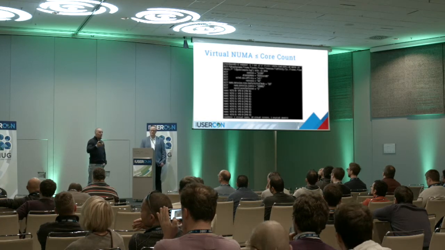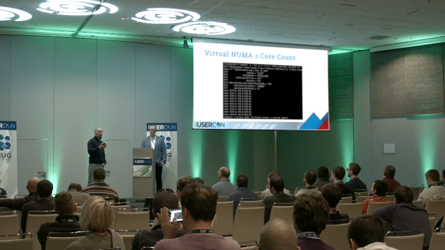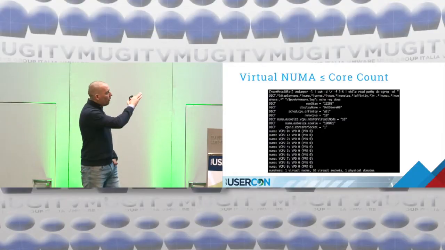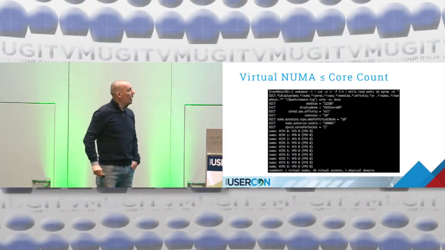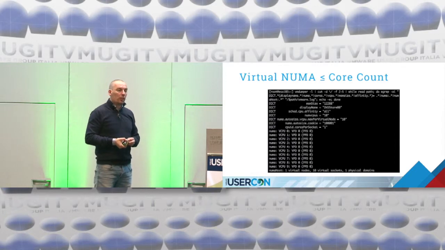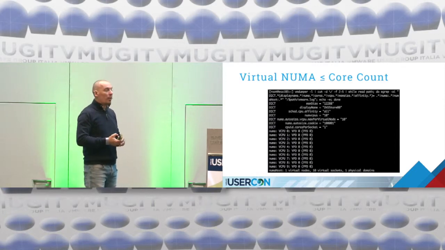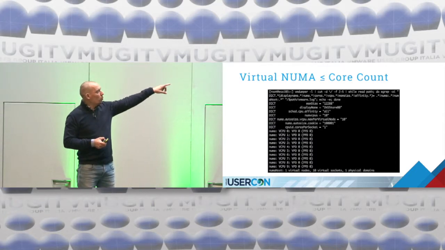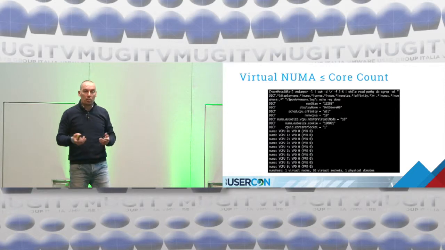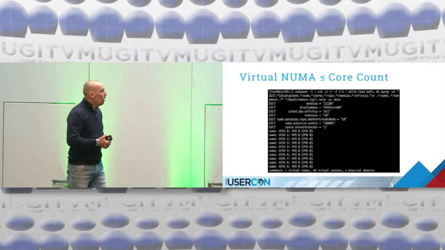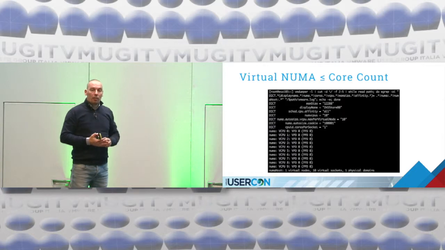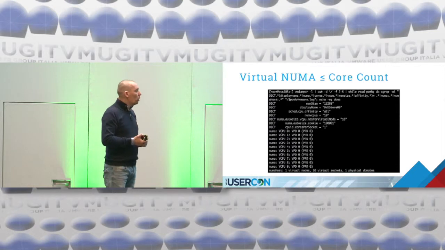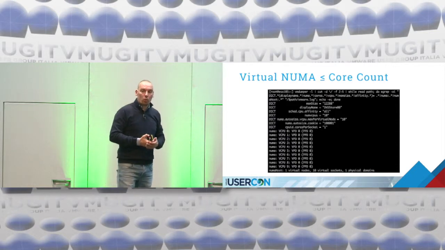Yes, you have to go above 8, but the next step is it has to actually exceed the number of physical cores of the CPU. So in this system, I've created a 10 vCPU virtual machine, and I deployed it on a system that has 10 physical cores. As you can see at the bottom, it states one virtual node, and one virtual node means one NUMA node. It has more than 8 vCPUs, yet it still doesn't go beyond 1 NUMA node. Why? It does not exceed the physical core count.